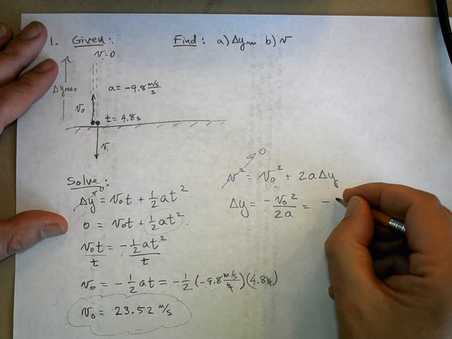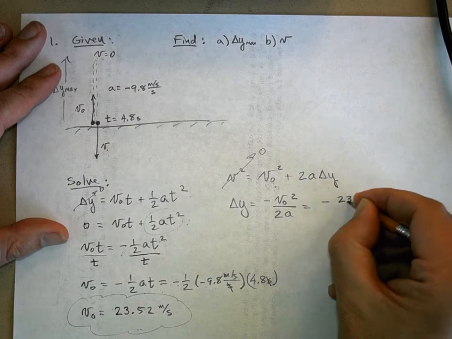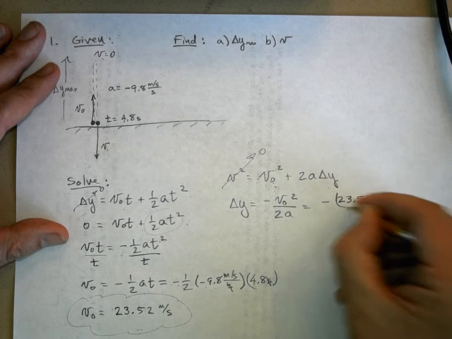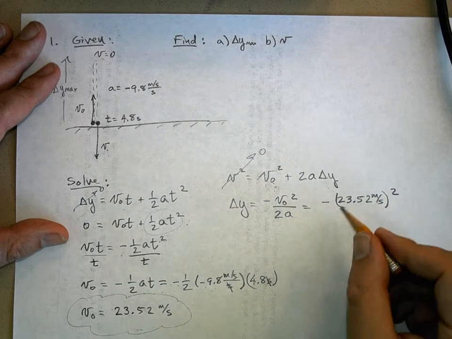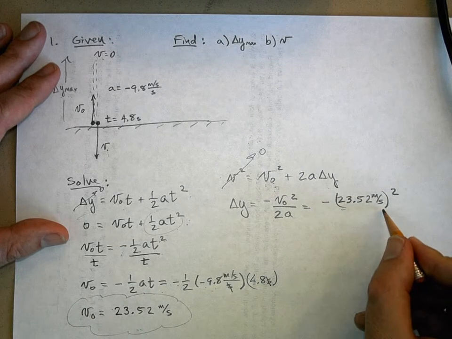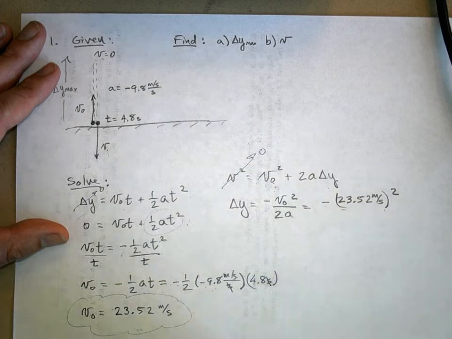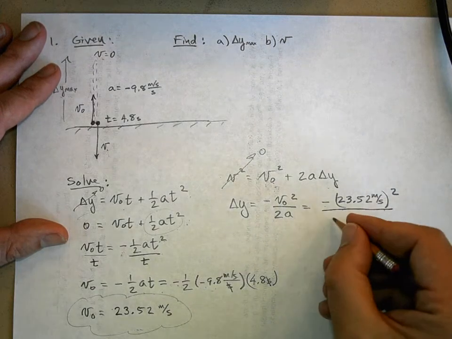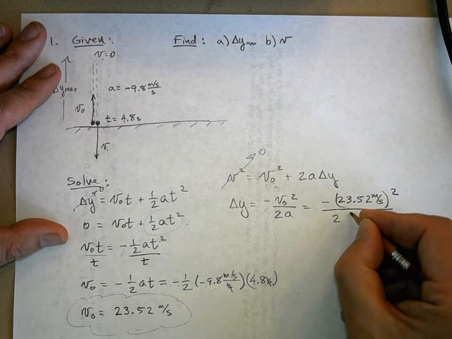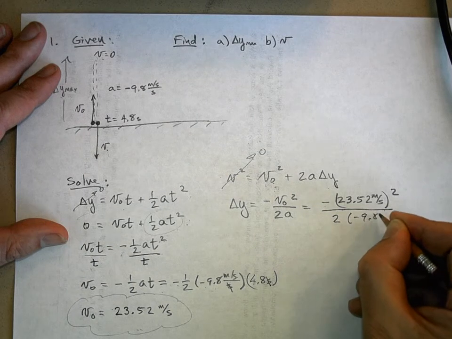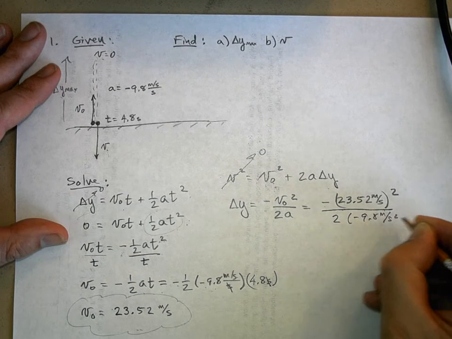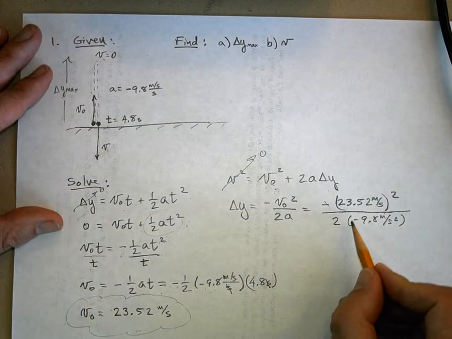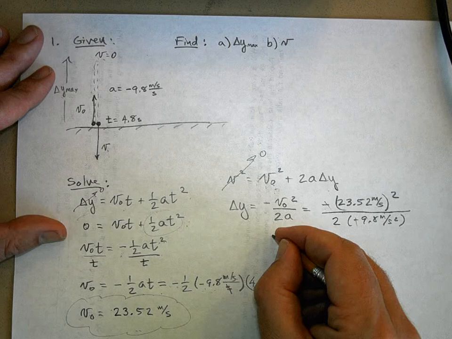Negative 23.52 meters per second squared. Now notice that the parentheses are here. This negative is outside that parentheses. We're going to need that negative because the acceleration is negative 9.8 meters per second squared. Now here's what I need. So the negative goes away. So here's my answer for delta y.